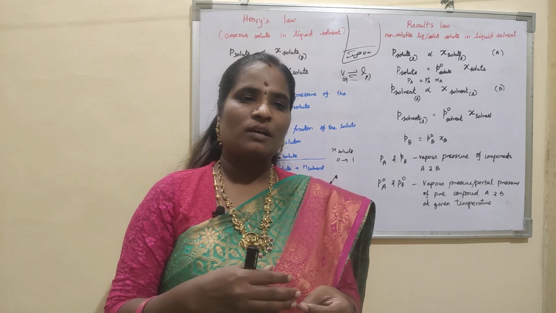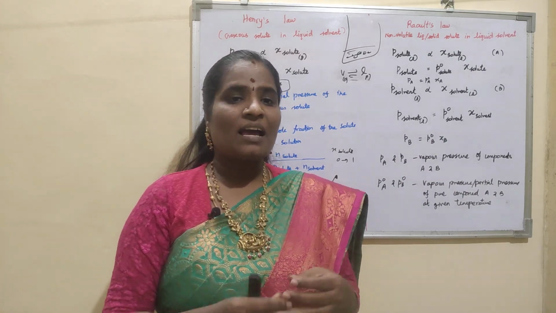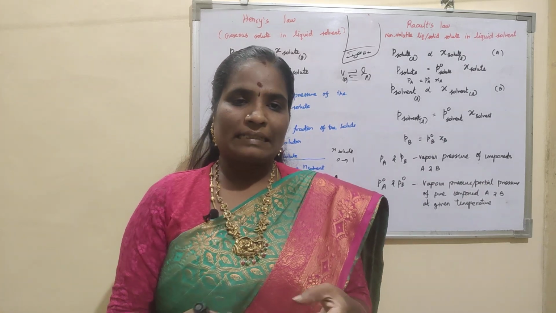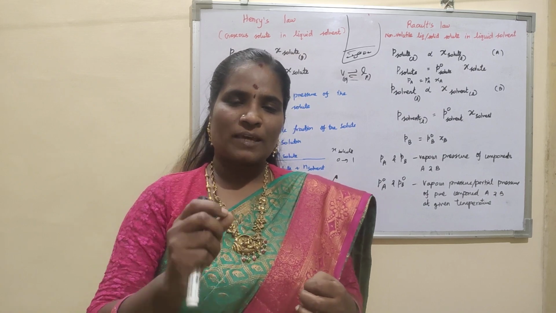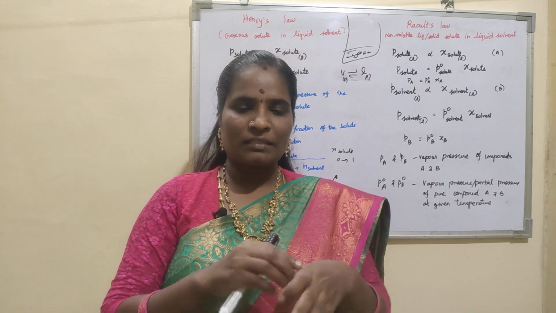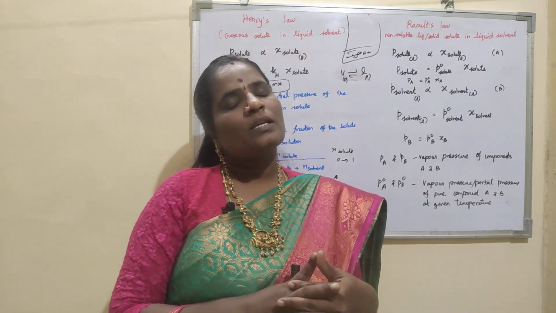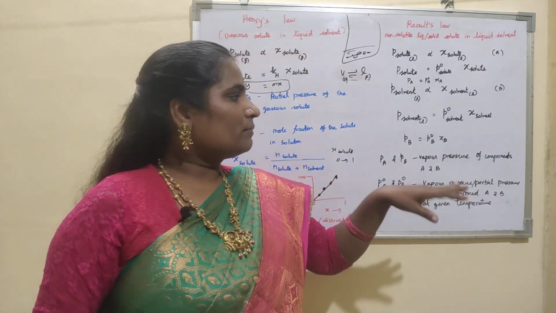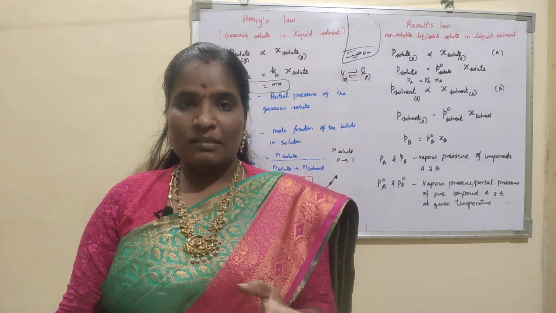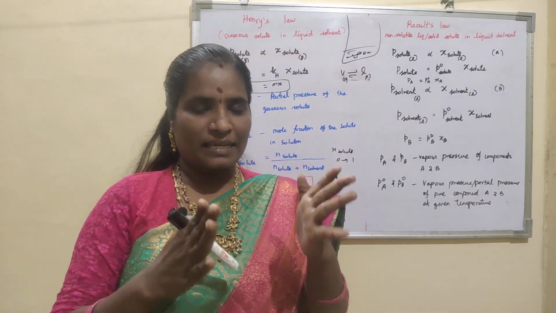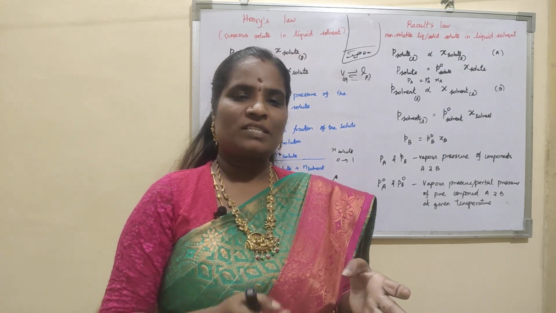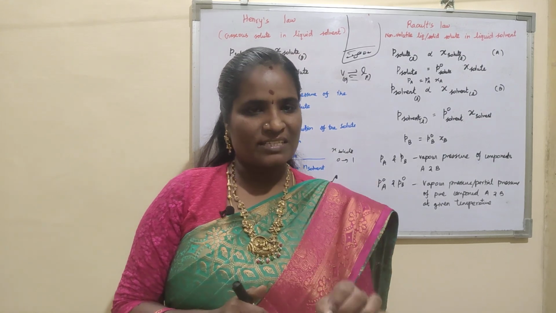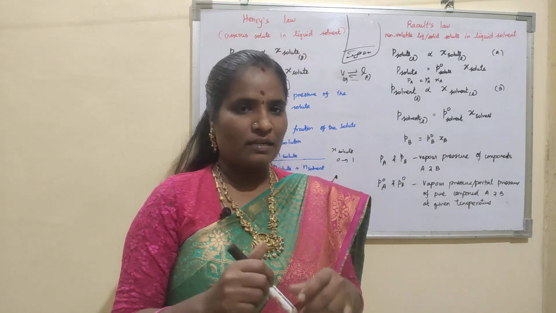I just make it in the liquid state by melting it, and there may be gaseous vapors in equilibrium with the liquid surface, right? When it is not mixed with the water, it exists as NaCl alone. When you measure the partial pressure or vapor pressure in that state, that is known as the P naught of NaCl.